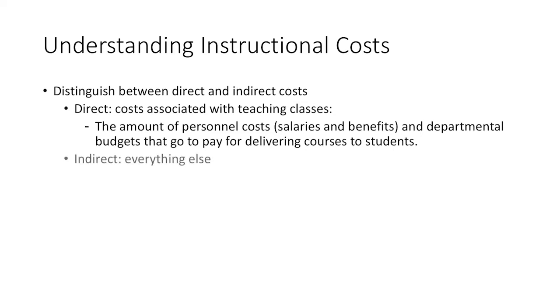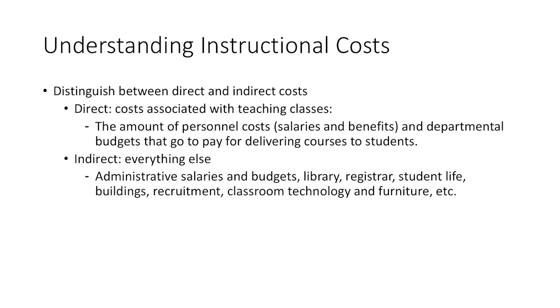We can also think about indirect costs, and indirect costs are anything that isn't the direct cost for a department to have a budget and for you to pay a faculty member to be in front of a class. It is all the administration at a college or university.